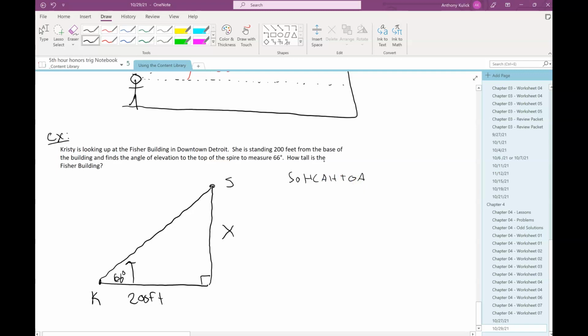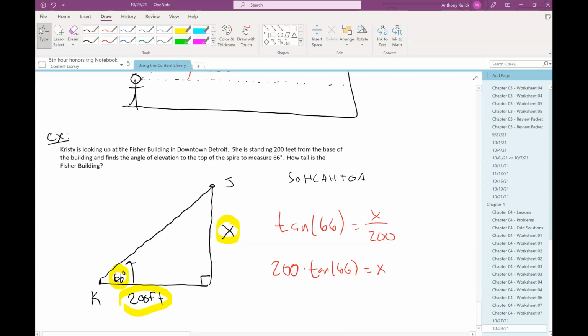Use SOHCAHTOA. Relative to this angle, this is opposite and this is adjacent. So tan 66 better equal opposite over adjacent. Multiply both sides by 200. That'll be it. Calculator time.